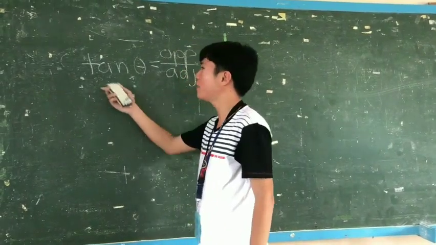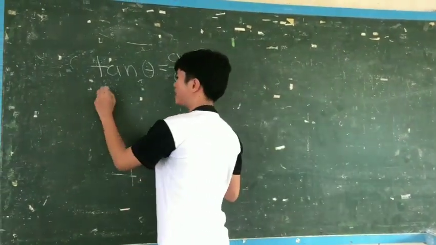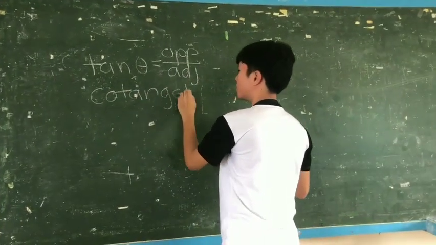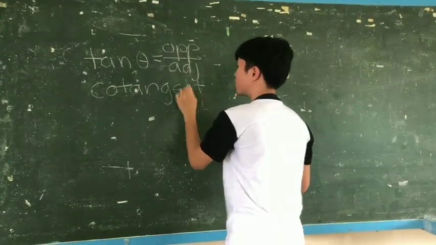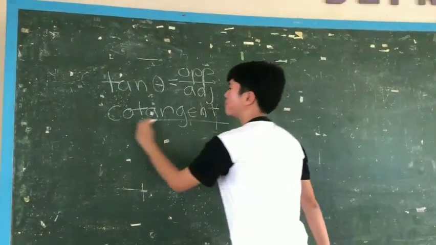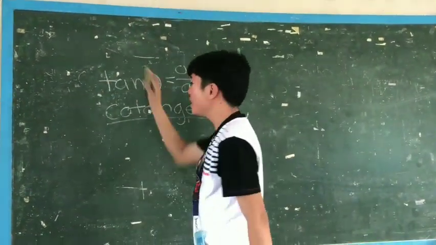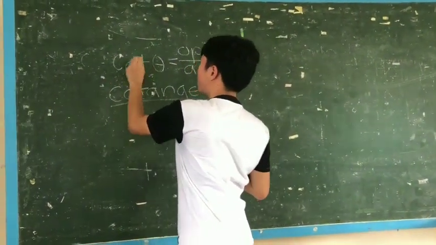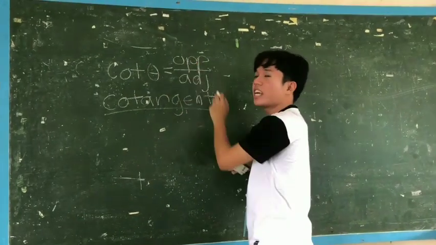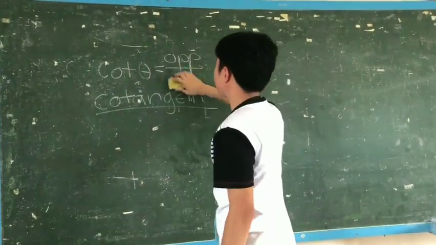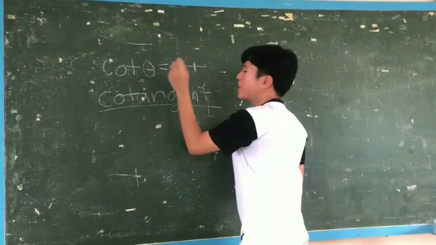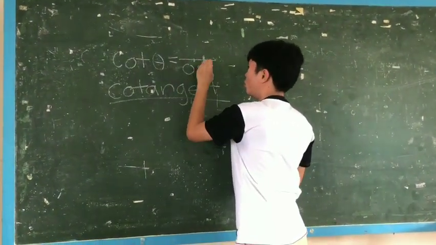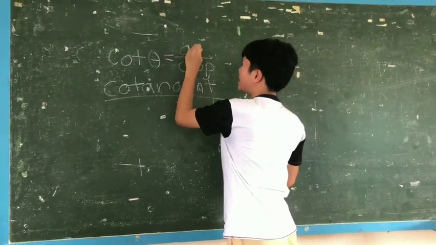The reciprocal of the tangent is the cotangent, which means cot. While in the cotangent, the opposite is below the adjacent.